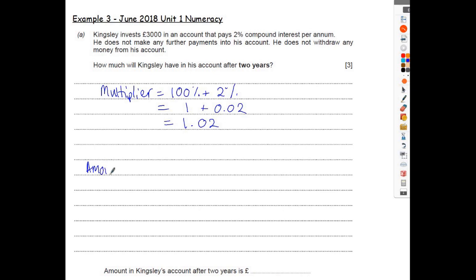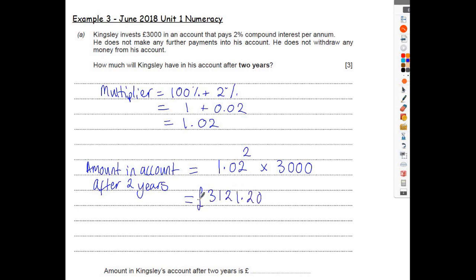The amount in the account after 2 years will be the percentage multiplier, which is 1.02, to the power of the time frame, which is 2 years, multiplied by the amount it was at the start, which is 3,000. So it's as easy as that using this method. Type that into your calculator and you will get £3,121.20, and in your GCSE you would then write that in the place given.